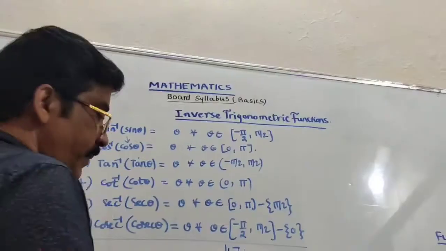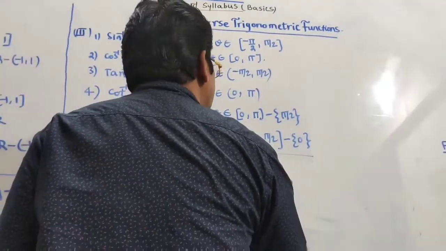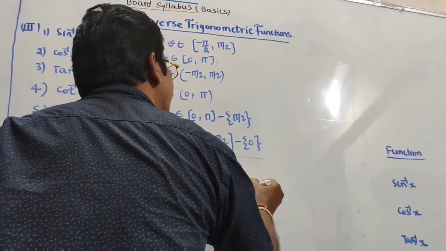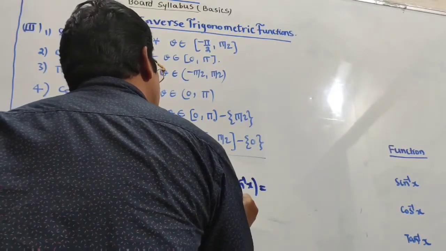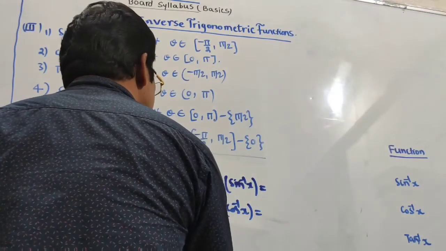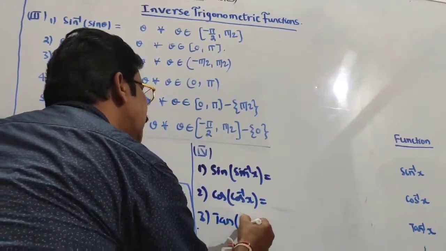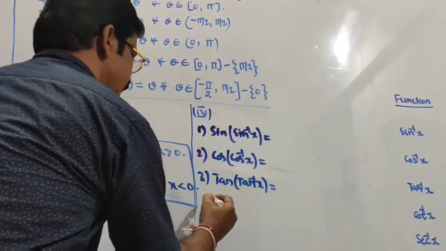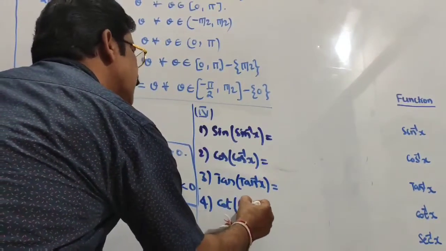Type of formulae. Number 1, sin of sin inverse x. Number 2, cos of cos inverse x. Number 3, tan of tan inverse x. Number 4, cot of cot inverse x.